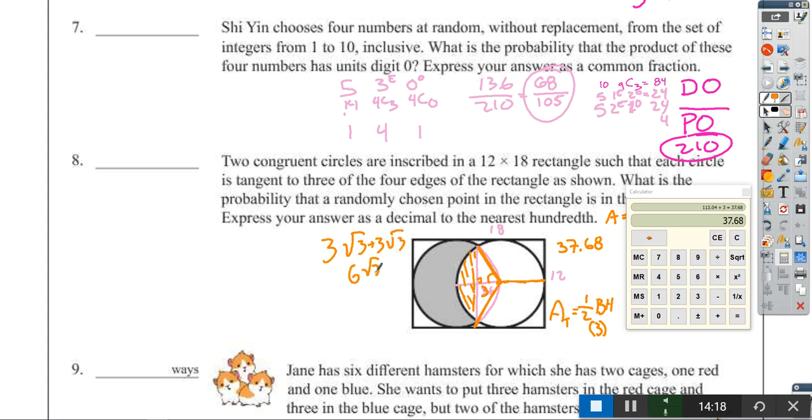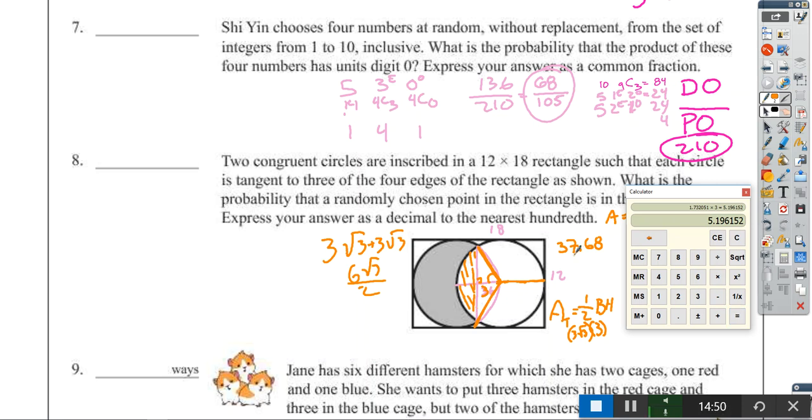Okay, but wait a second. 6 root 3 divided by 2, I'm multiplying it by this 1/2, is just going to be 3 root 3. So let's multiply this together, and I'll get the area of this piece here. So the square root of 3 times 3 is, all right, and the area of the whole sector is this, right?